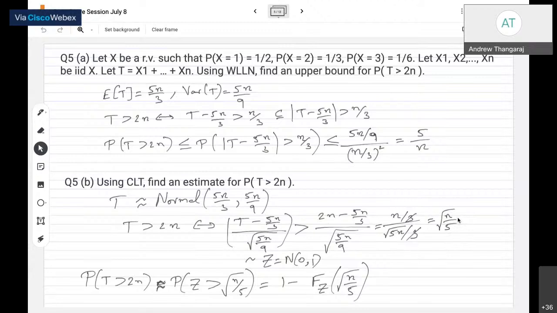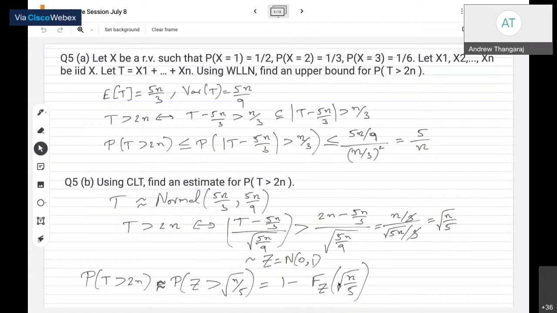Once you do that, you will get some cancellation happening here, and you will end up getting square root of n by 5. And so this is Z now, right? So the probability T greater than 2n is the same as the probability that Z is greater than root n by 5. Okay, and so you get 1 minus FC of root n by 5.